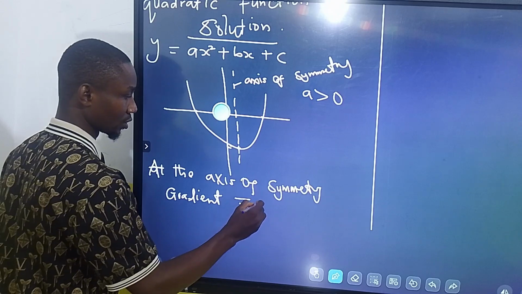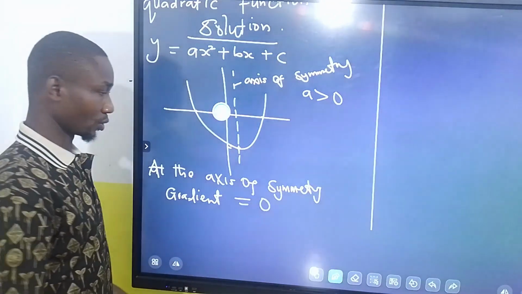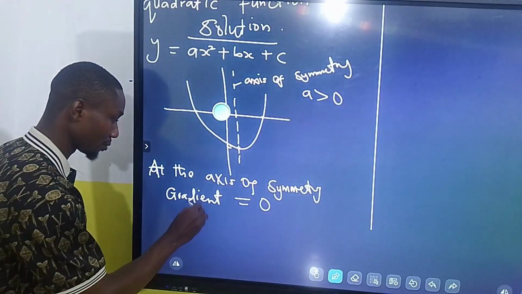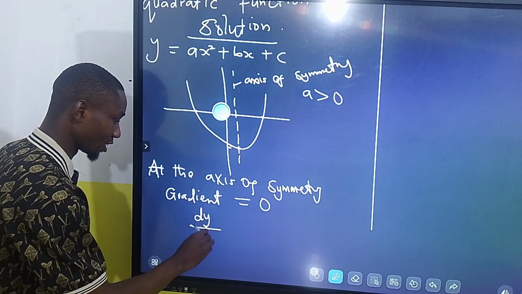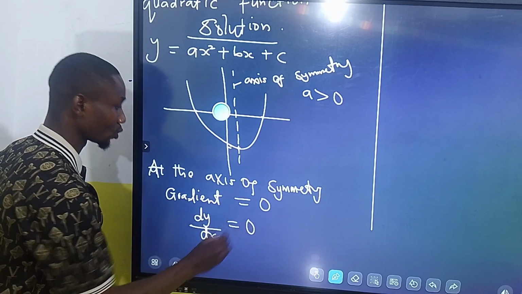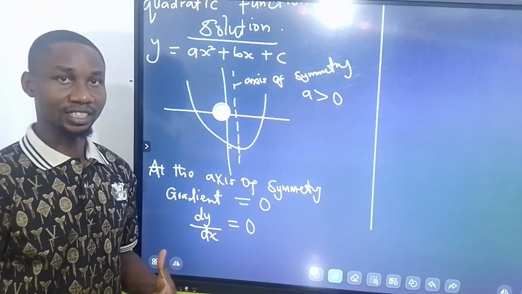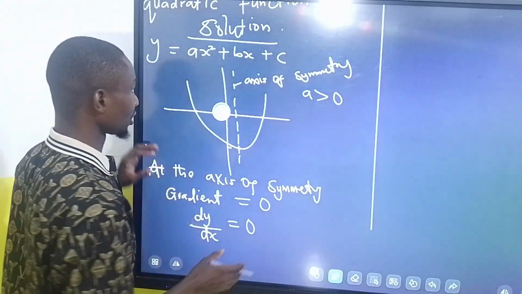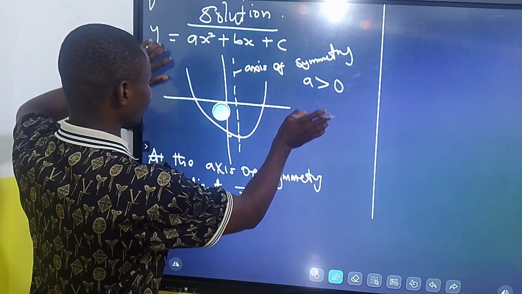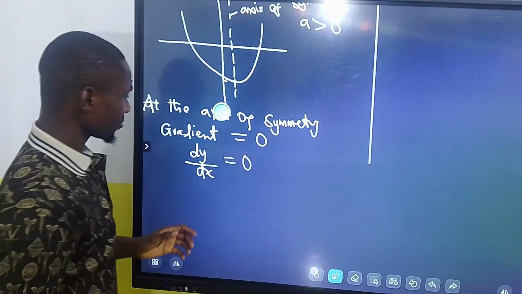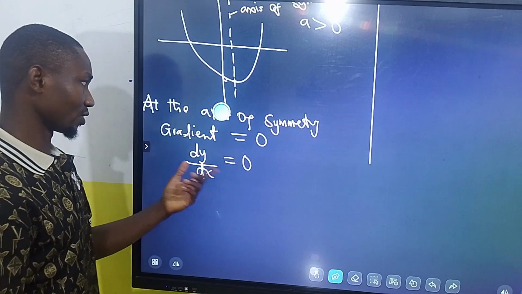In other words, it simply means dy over dx is equal to 0. We already know that when you differentiate a function, that is simply its slope or its what? Gradient. So in that case, I have dy over dx is equal to 0.